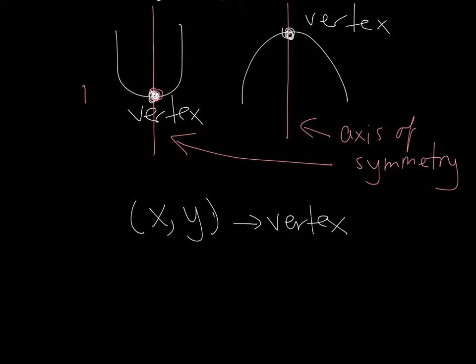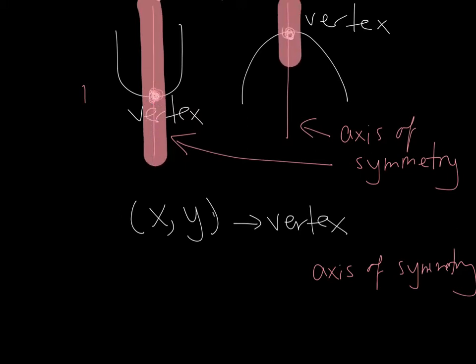Well, what about the axis of symmetry? For the axis of symmetry, we have to write the equation of a line. And this line, if you can see over here, is going up and down. So we have to find the equation of a line that's going straight up and down. So you know how it looks like?